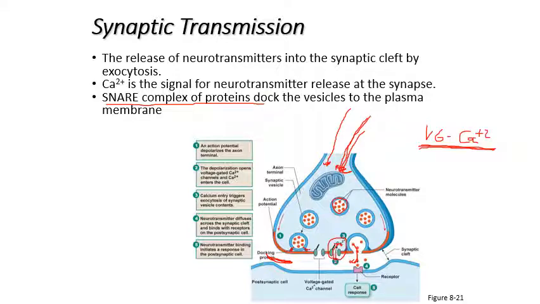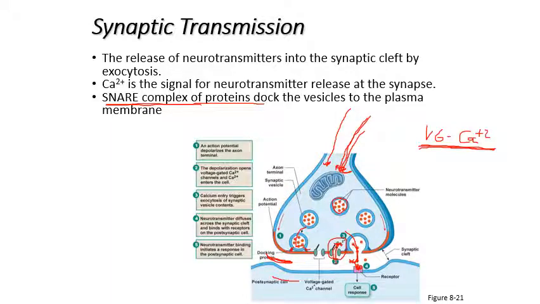The rush of calcium cues the SNARE proteins to result in docking of the vesicle and then exocytosis. So we're taking that electrical signal, the action potential, and cueing the release of neurotransmitter into the synaptic cleft. Once the chemical is in the synaptic cleft, it can bind to the receptor on the postsynaptic cell.